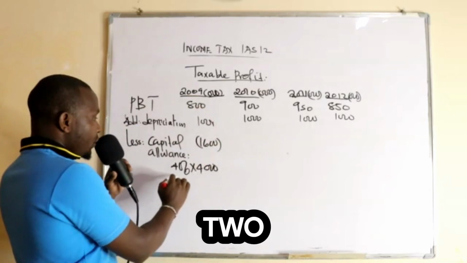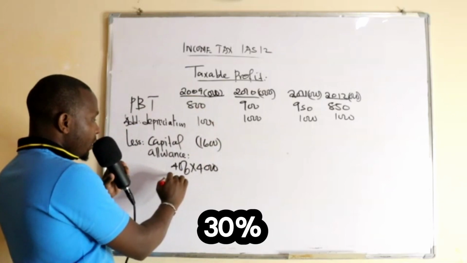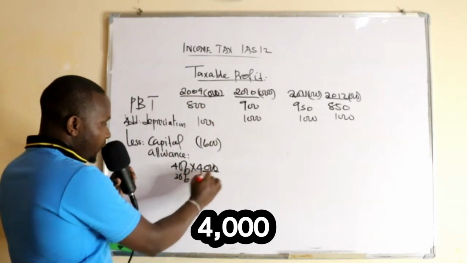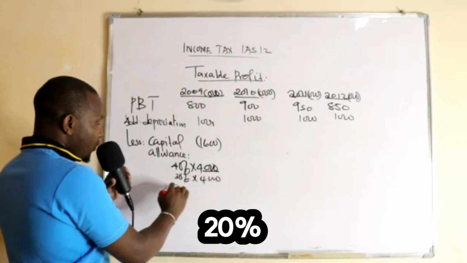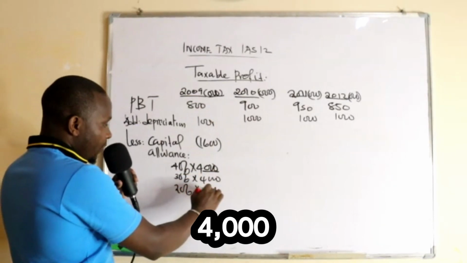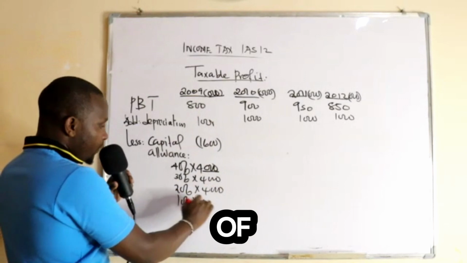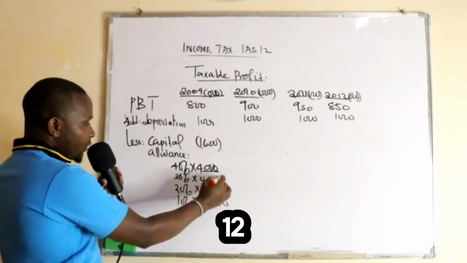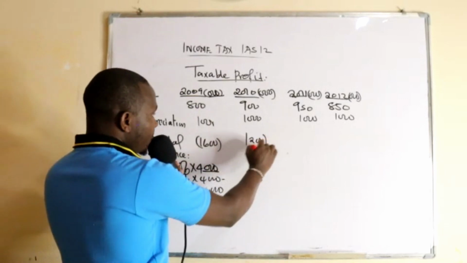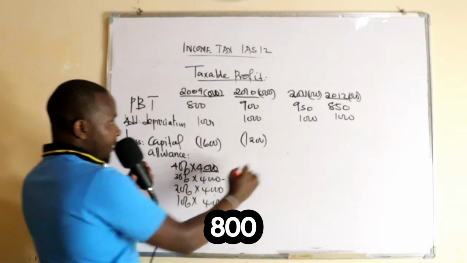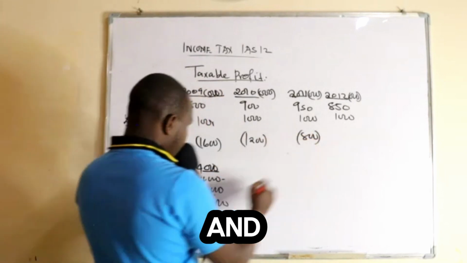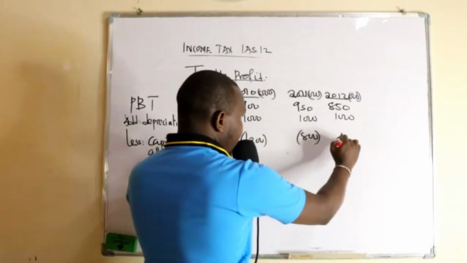And then number 2 is 30% of 4,000, 20% of 4,000, 10% of 4,000. This one is 1,200. This one is 800. And this one is 400.